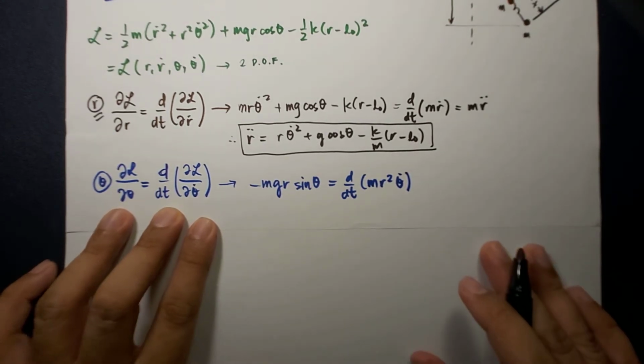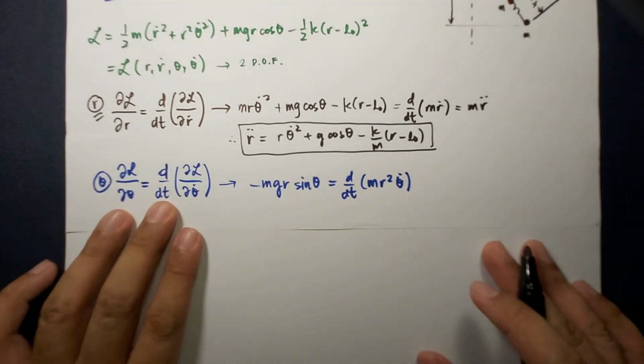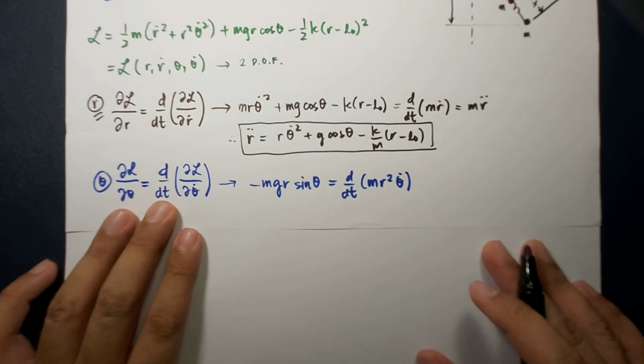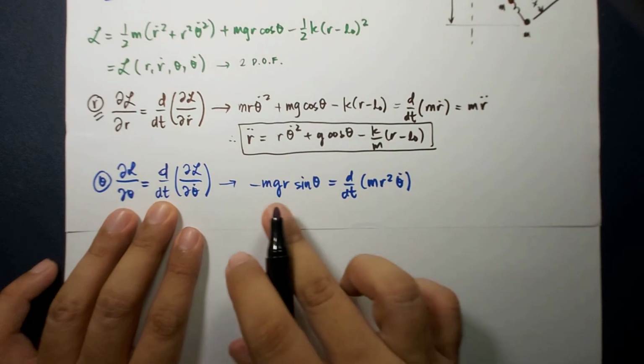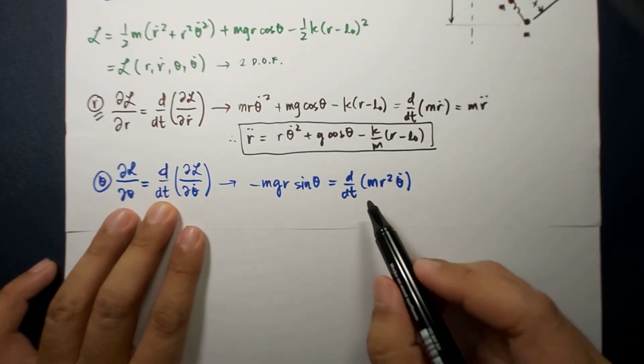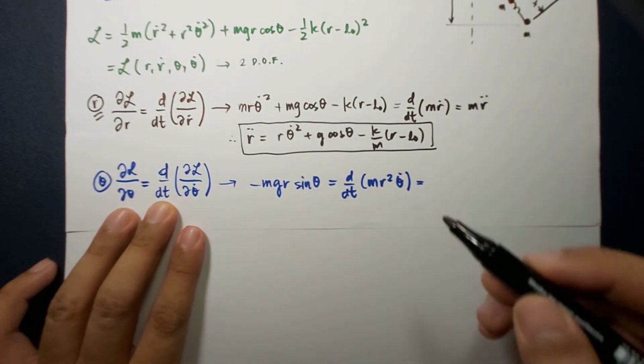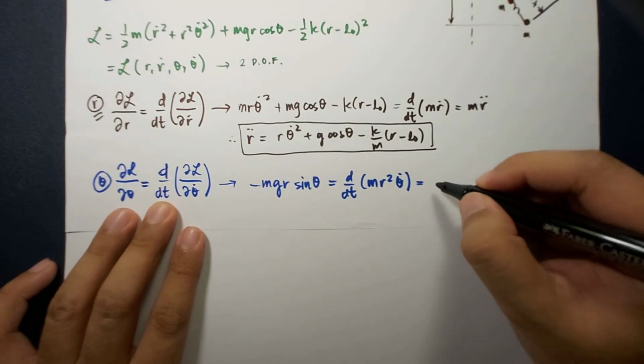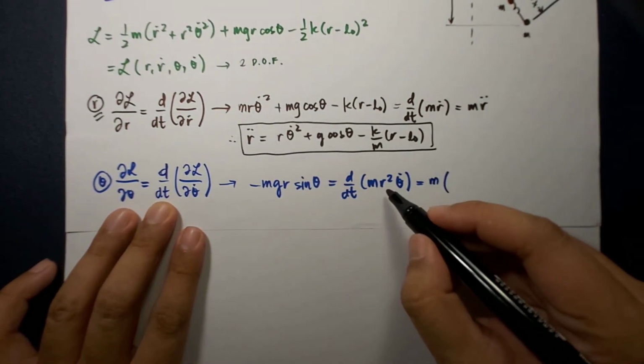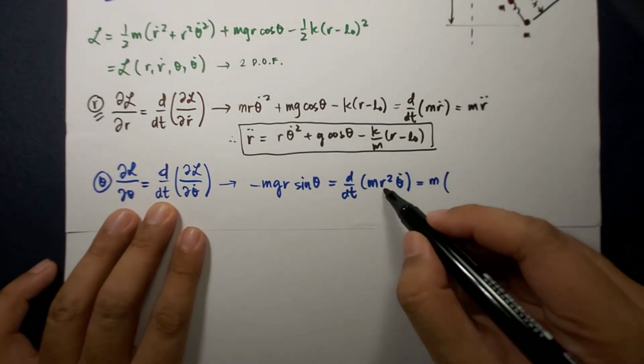Okay, now m is constant, right? Okay, so we can cancel m, but we can do that later. So this term can be written as m times the total derivative of r squared theta dot.